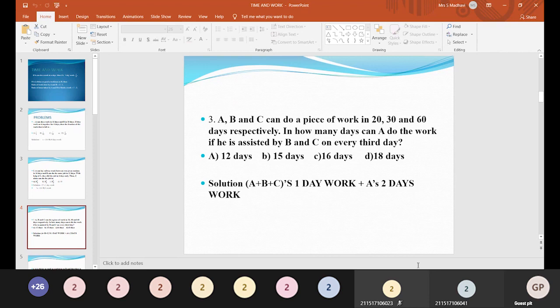So work done in every 3 days is 1 by 5, where A works 2 days and A plus B plus C works 1 day. So the total number of days is 5 for this, and if it is calculated for 3 days, it is 5 into 3, which is 15 days. So the whole work done by A, B, and C is in 15 days.